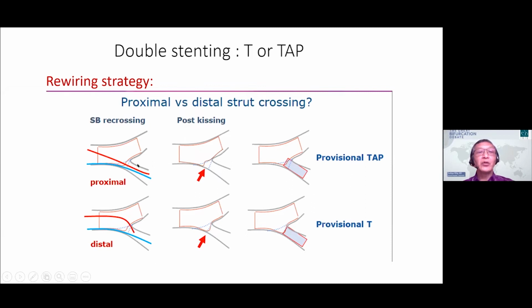This is just to remind the audience that if we do the recrossing at the proximal part, we will take only a small part of the strut to the ostium of the side branch. So we have to do the TAP. But if we can get the distal strut at the ostium of the side branch, maybe we can do a provisional T, or maybe just a very little TAP going into the left main stent.